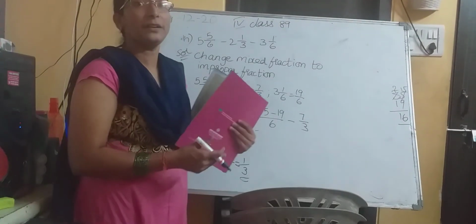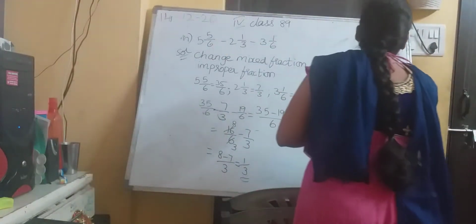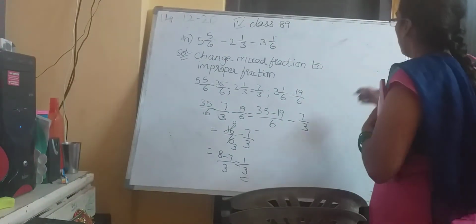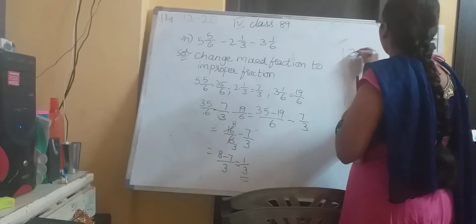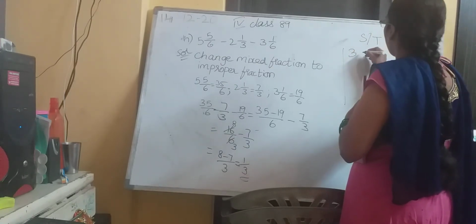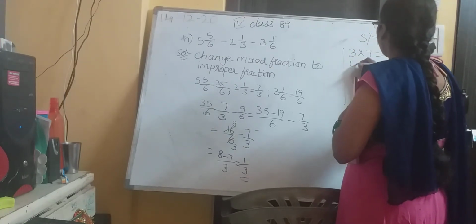Yes, 1 minute. Yes, children, in the working column, you are going to write these multiplications that I am giving you all. Like a slip test, children. 3 into 7. 4 into 9.